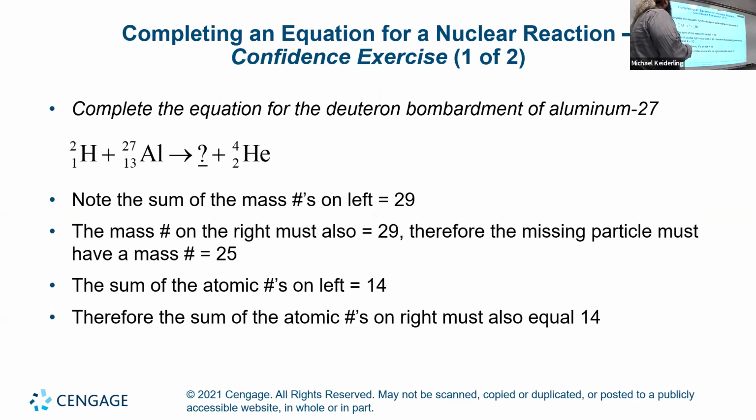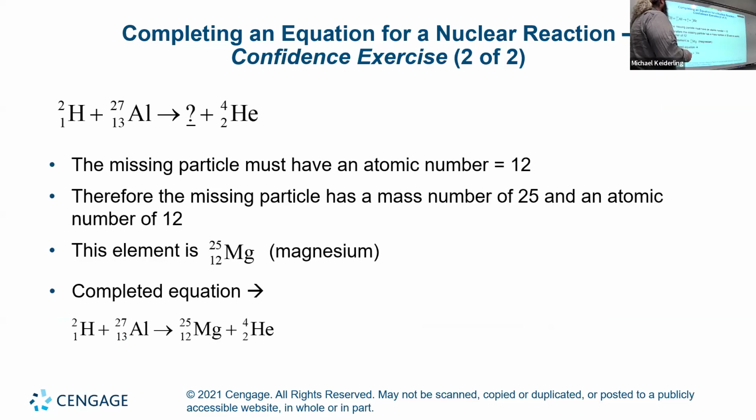And if you bombard aluminum with deuterium, you get magnesium-25 plus an alpha particle.